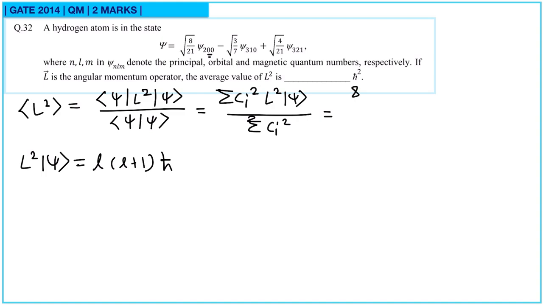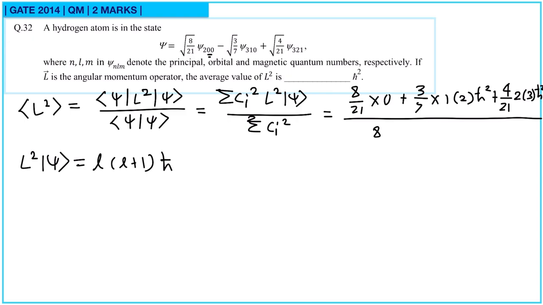So, this will be 8 by 21 into 0 plus 3 by 7 into 1 into 1 plus 1, that is 2 h cut square. And lastly, we have 4 by 21 and 2 into 3 into h cut square. Upon we have 8 by 21 plus 3 by 7 plus 4 by 21.